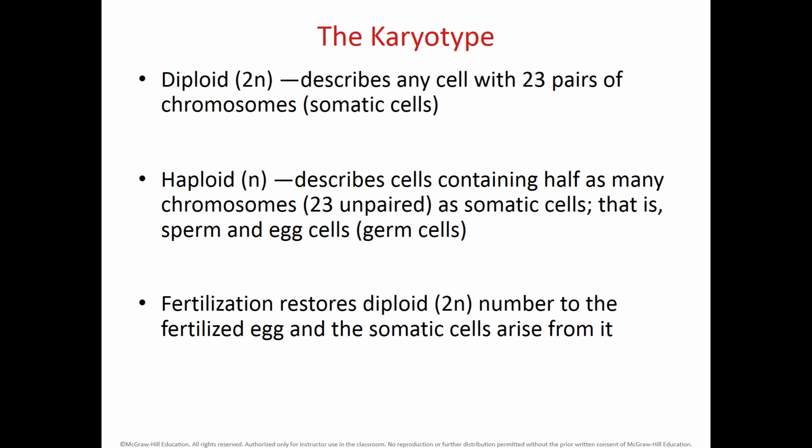They have half as many chromosomes as diploid cells. The only cells that have the haploid number of chromosomes, or 1N, are the sperm cells and the egg cells, which are germ cells. And when a sperm cell fertilizes an egg cell, you restore the diploid number, or 2N.